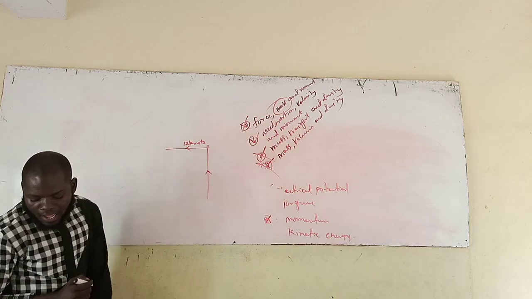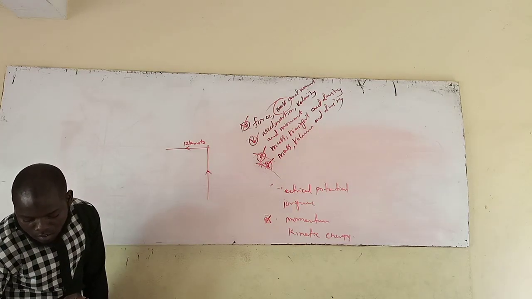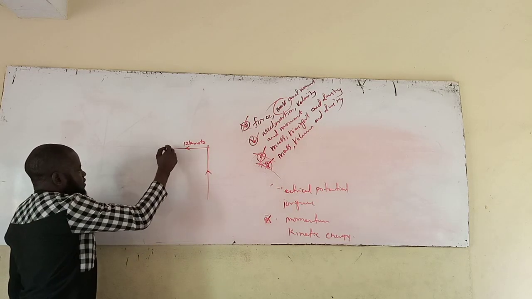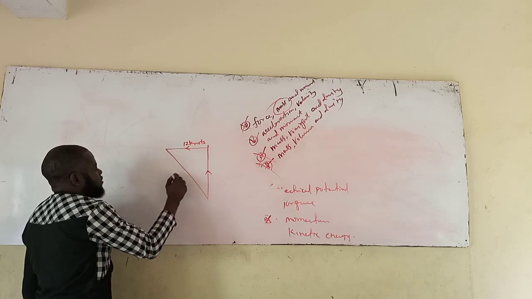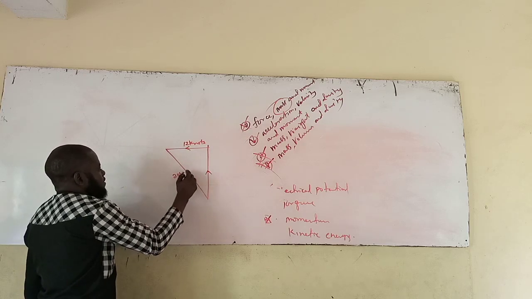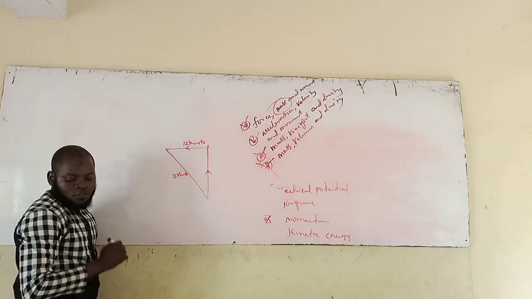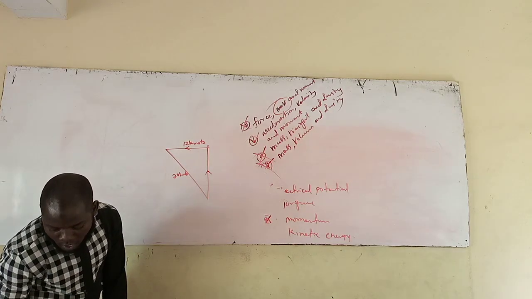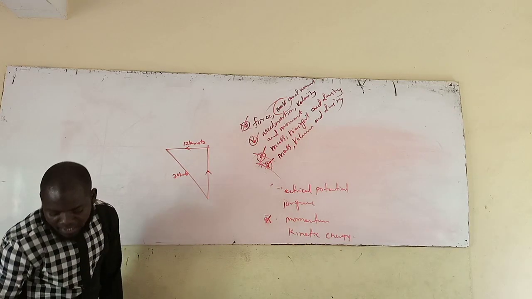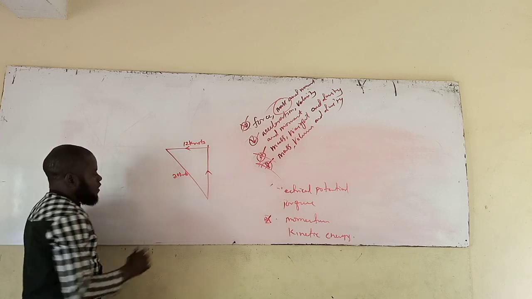And the resultant is 20 knots. This is going to be the resultant, which is 20 knots. So we are asked to look for the direction of it.